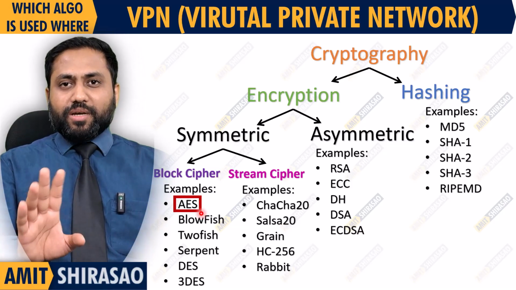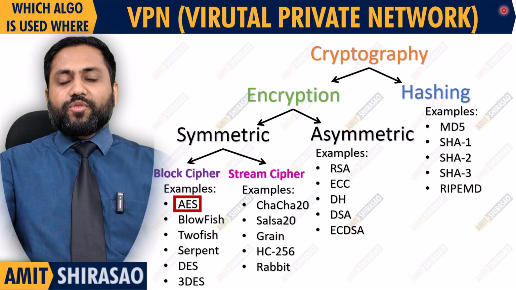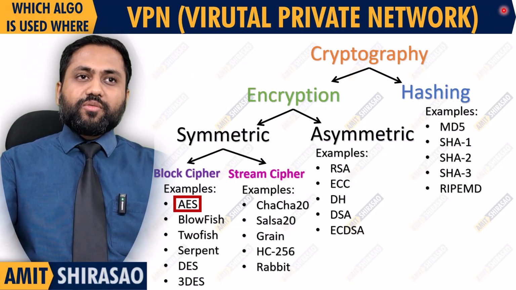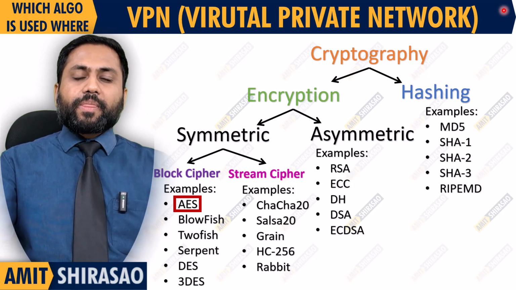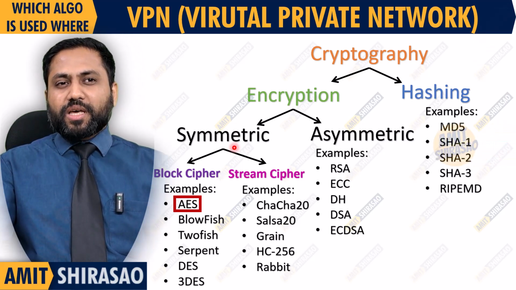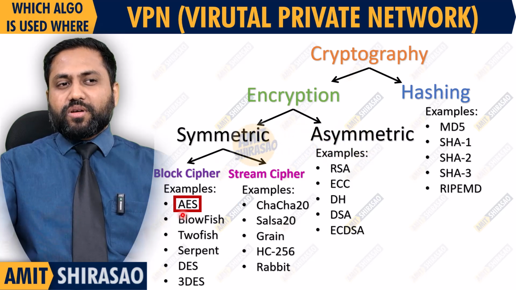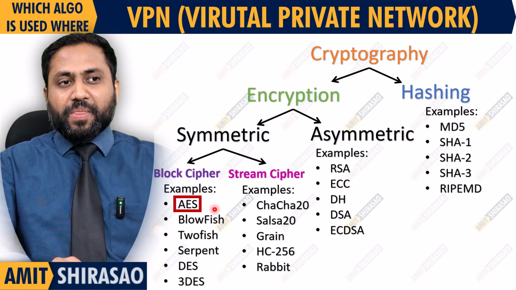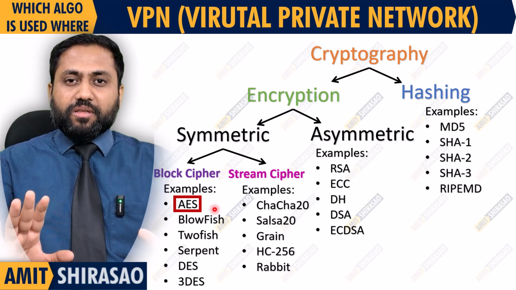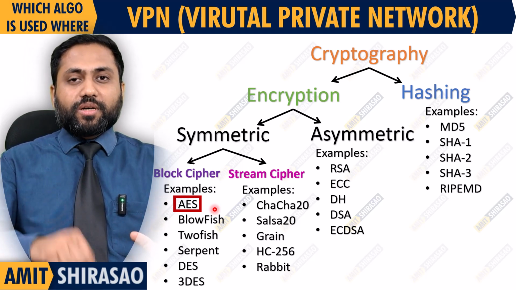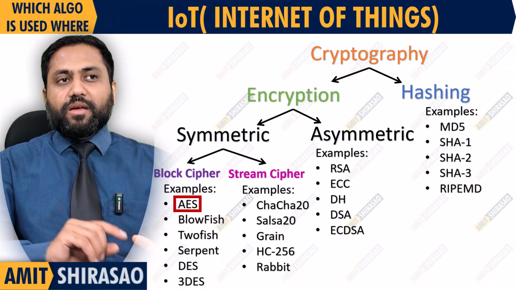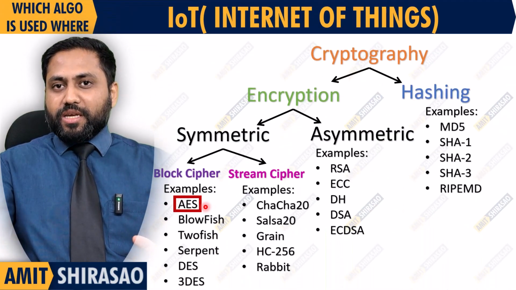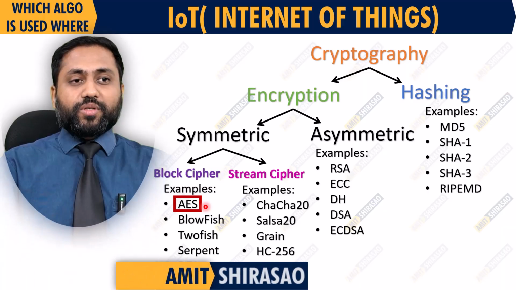Another place where I'm confused is a virtual private network. Obviously the virtual private network, I don't know how this encryption happens, but it uses AES encryption only. That's what AI told me. If someone knows more about this, let me know in the comment section. Okay. Internet of Things also uses AES only. If someone knows about it, let me know in the comment section.